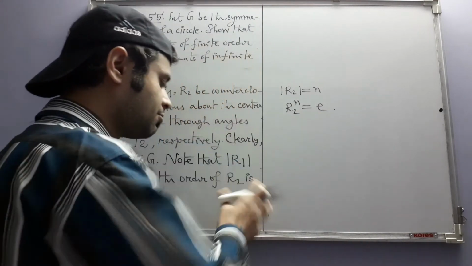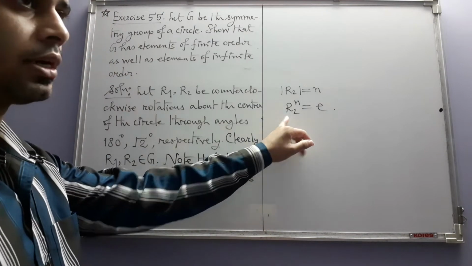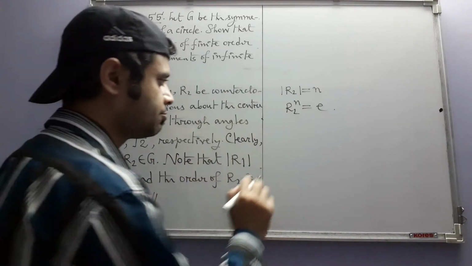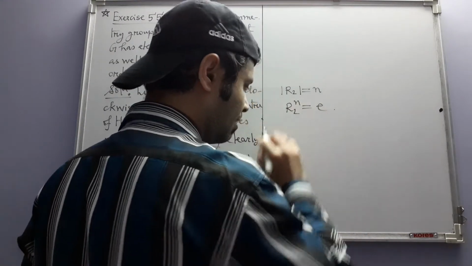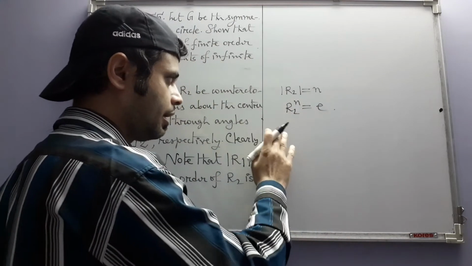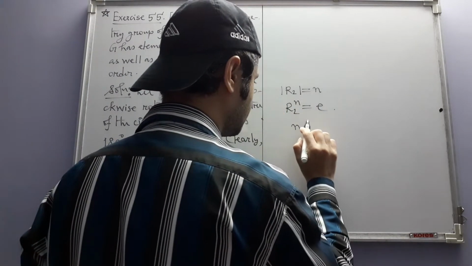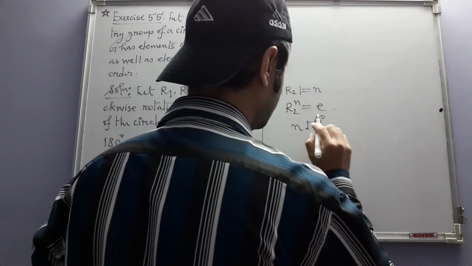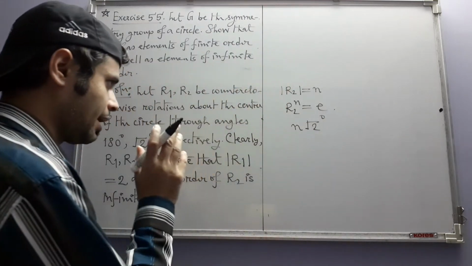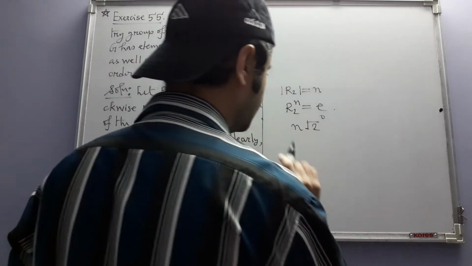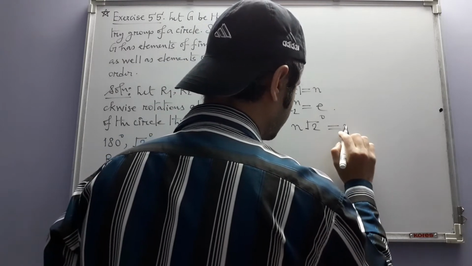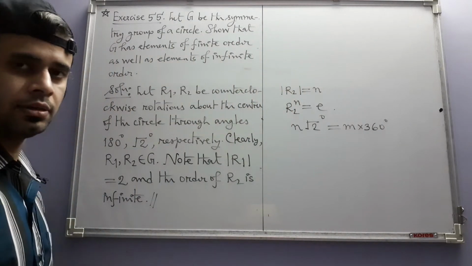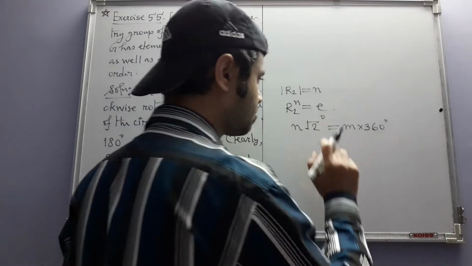Now since we are performing the rotation R2 n times, the angle that you have rotated through is equal to n times root 2 degree. Now if this has to become the identity, then it should be the same as some integer multiple of 360 degrees, a full rotation.